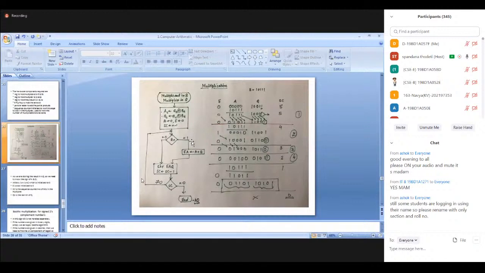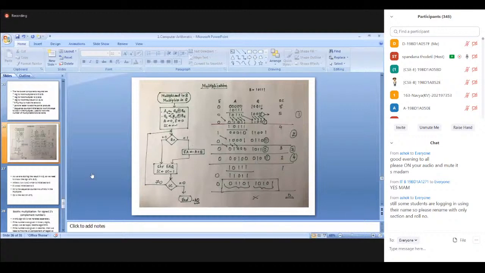If it is 1, what does it mean? The same multiplicand value will be copied and added to the previous sum. Where are you storing the previous sum? We are storing the previous sum in A, and the same multiplicand you are copying.